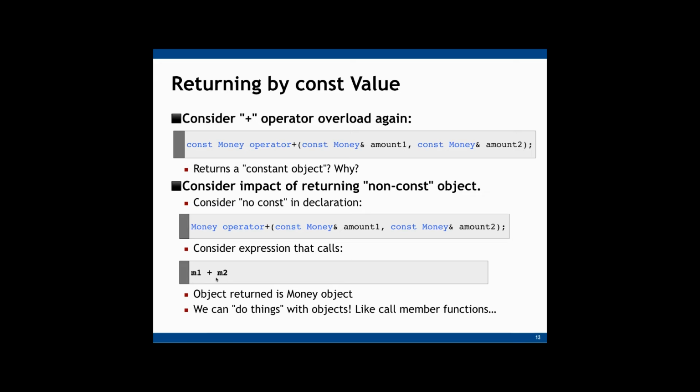The result of this addition expression is a new object of type money because this overloaded operator returns an object of the money class type. So because of the overloaded operator, these expressions will return new objects, which are of the class type money.